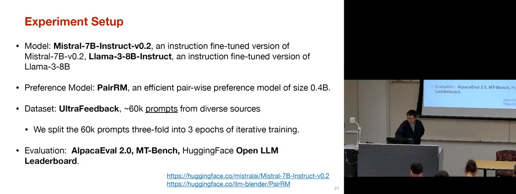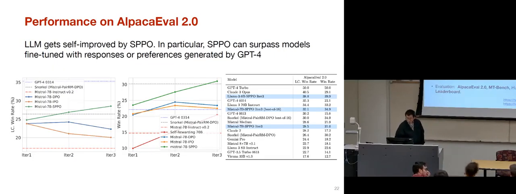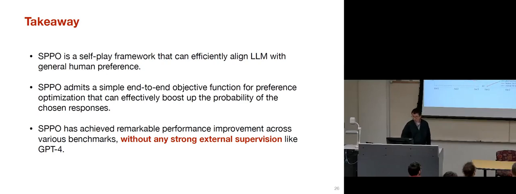We start from this base model and use a very small reward model, and then we are able to improve the win rate of, for example, Llama 3 8 billion from 22% to 38%. And actually, it even outperforms the older version of GPT-4, which was released on March 14. So that's the last bullet I was trying to emphasize.